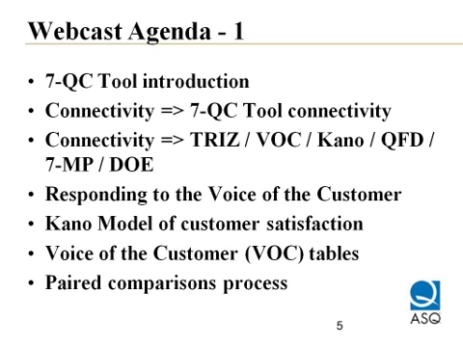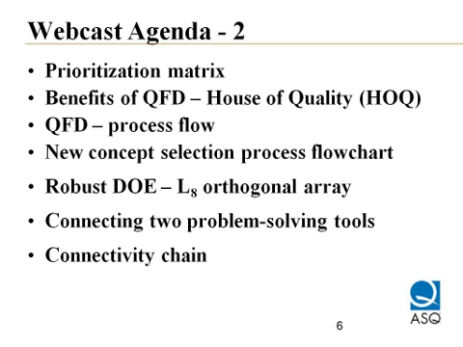Then we'll get into a detailed discussion of the voice of the customer, and of the Kano model and voice of the customer tables, of which there are 2, and then turn our attention to the paired comparisons process, then prioritization matrix, and the benefits of quality function deployment, specifically the initial matrix, the house of quality.